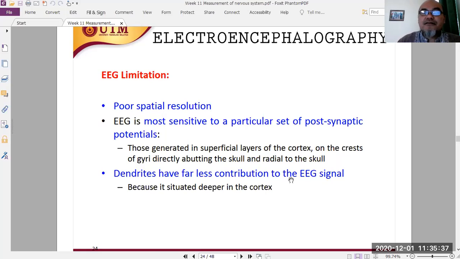Dendrites have far less contribution to the EEG signal because they are situated deeper inside the cortex. So in EEG, we only measure the signals on the surface of the brain. What occurs inside the deep side of the brain, we never know or have not yet investigated. For that, we need different techniques other than EEG.